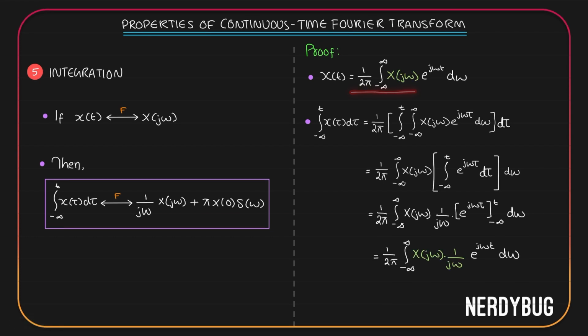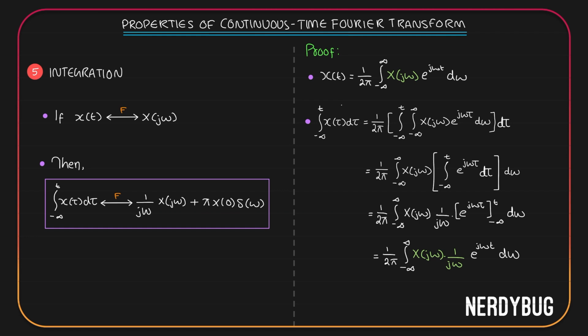Comparing with our original synthesis equation, if x of j omega is the Fourier transform of x of t, then x of j omega divided by j omega is the Fourier transform of integral from minus infinity to t x of tau d tau. But over here you can see there is one more term in the Fourier transform, pi x of 0 delta of omega.